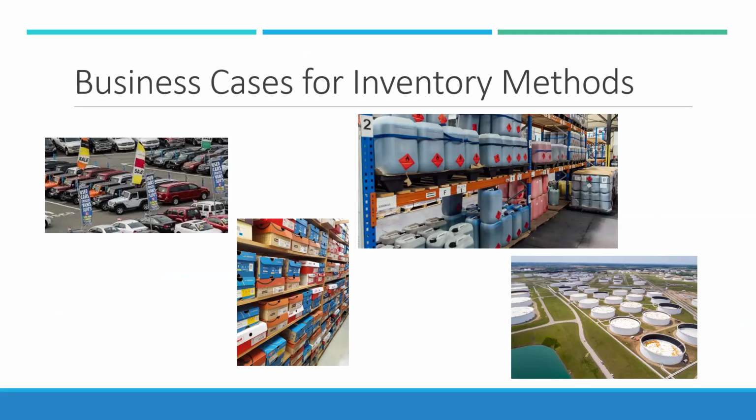It's indistinguishable. Like think of an oil company. Almost all oil companies use last in, first out inventory method, and that's because it all just goes into these huge vats of oil. It's impossible to really determine, except for on paper, what units were sold first and last.